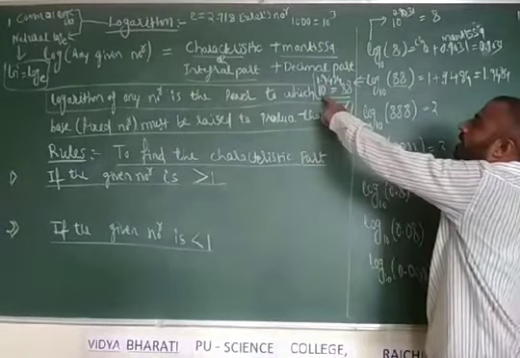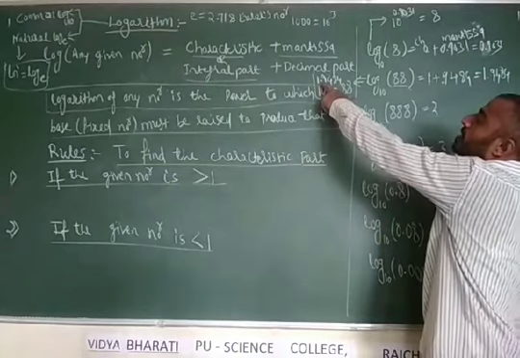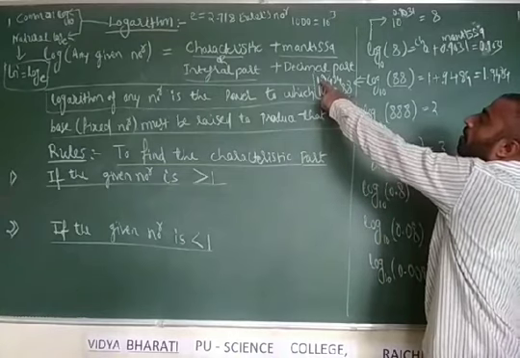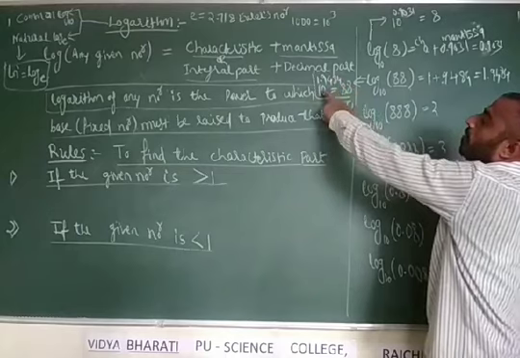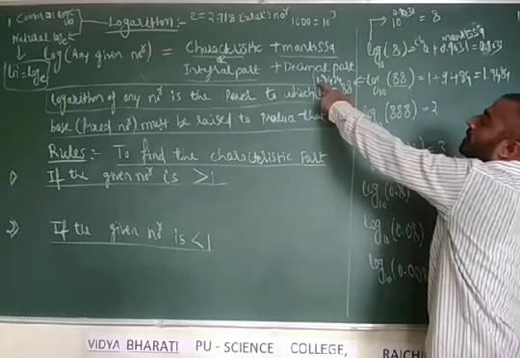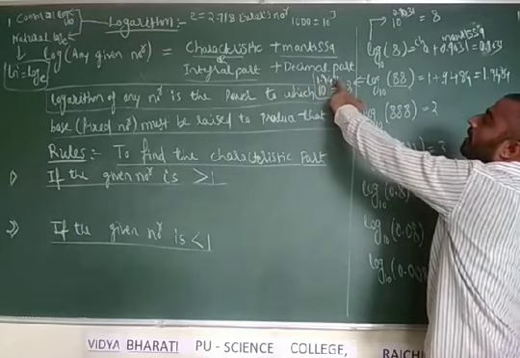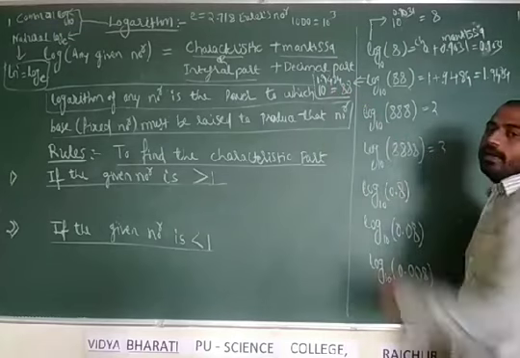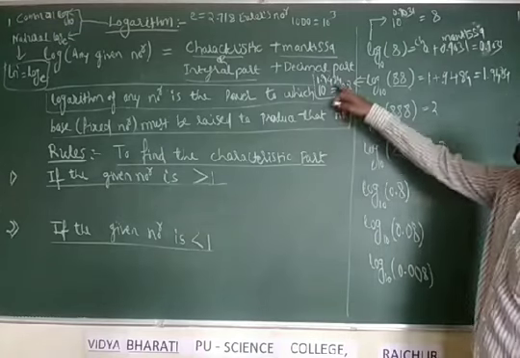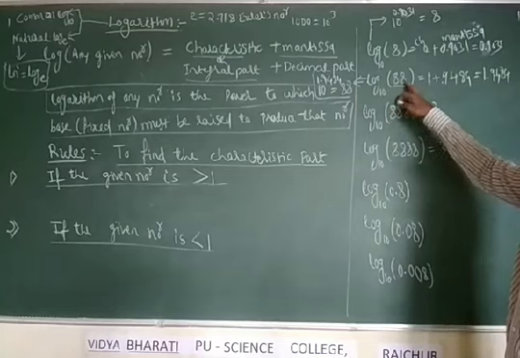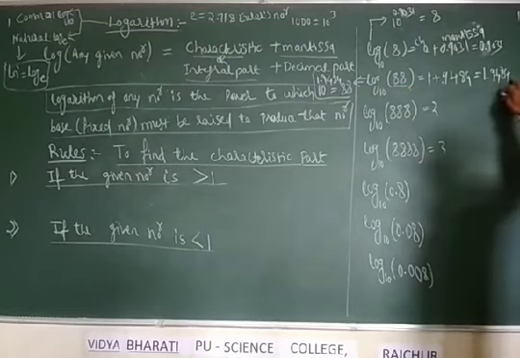When I multiply 10 by itself 1.9484 times, I am going to get 88. That's why the logarithm of this 88 is 1.9484.